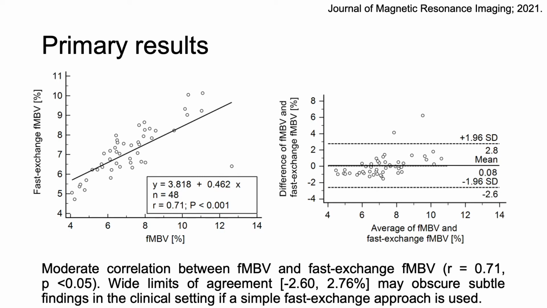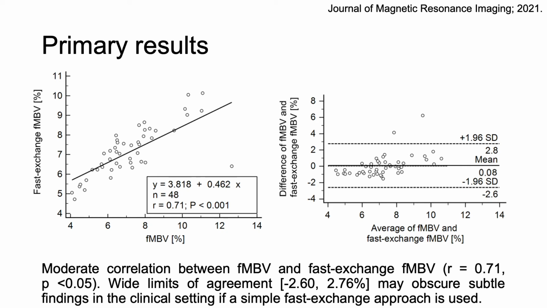When we compared the full model-fitted blood volume to the fast exchange approximation of blood volume in our healthy normal swine models, we found a moderate correlation between the two measurements. However, we also found limits of agreement that might be wide enough to obscure subtle findings in the clinical setting if the simple fast exchange approach is used.